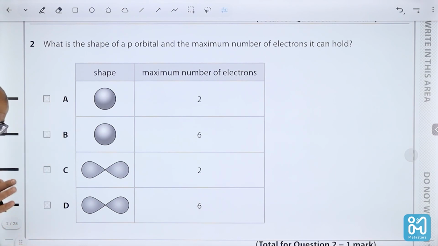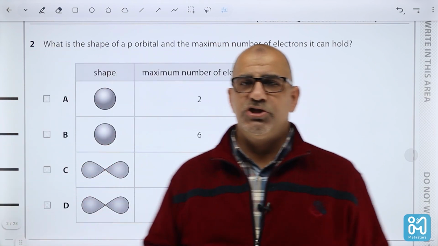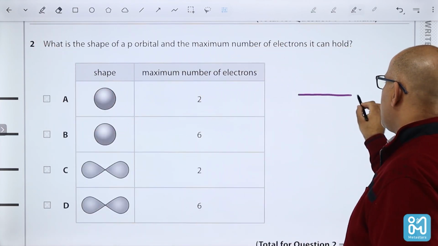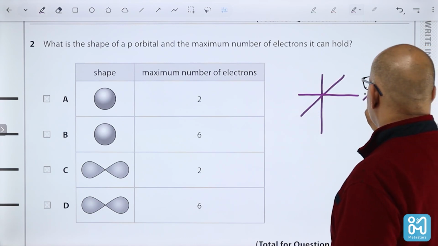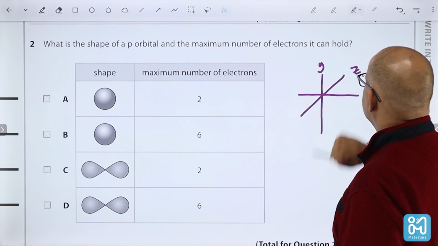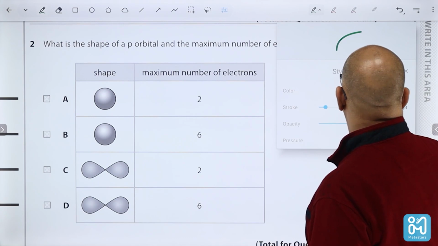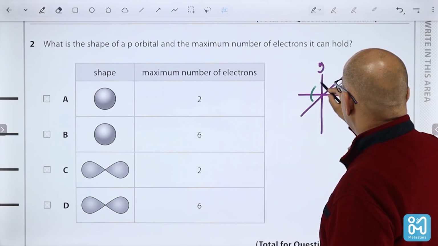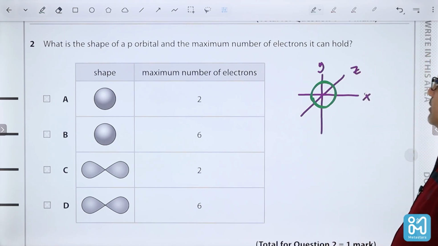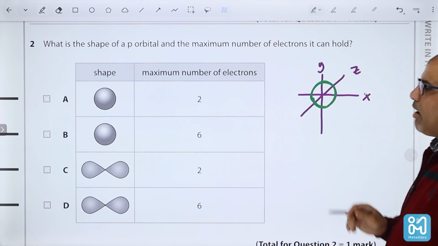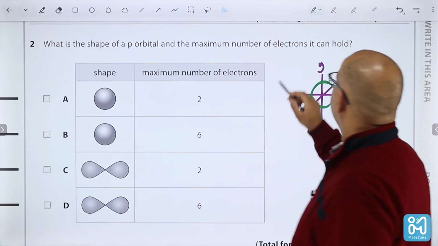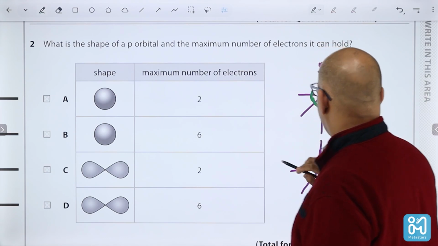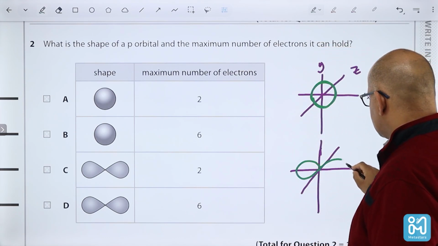If you return to your knowledge about the shapes of the orbitals in 3 dimensions, you know that we have X, Y, and Z. The s orbitals are spherical, and the p orbitals are 3 p orbitals, as you know, on the X, Y, and Z axes, looking like that. For example, the px is the dumbbell shape.